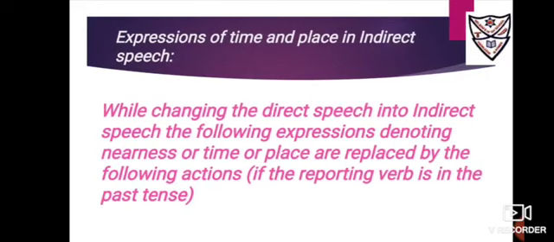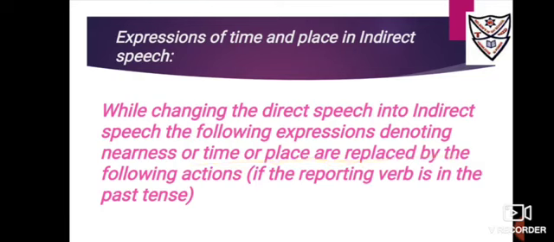Now children, expressions of time and place in indirect speech. When I am using the terms time and place, immediately one word that strikes your mind is adverb. While changing direct speech into indirect speech, the following expressions denoting nearness of time or place are replaced by the following expressions.